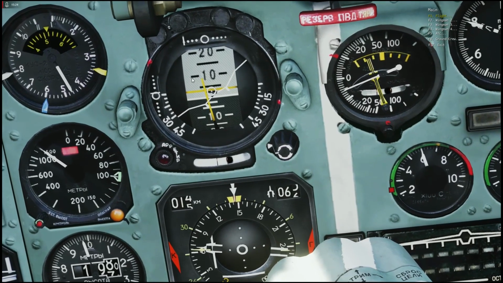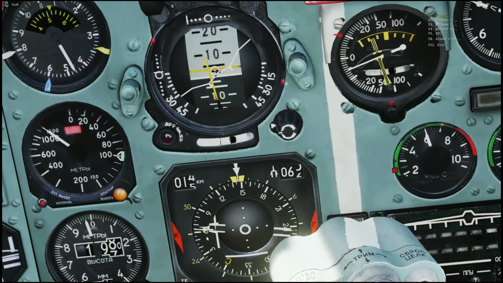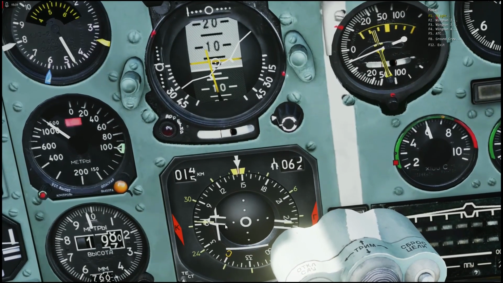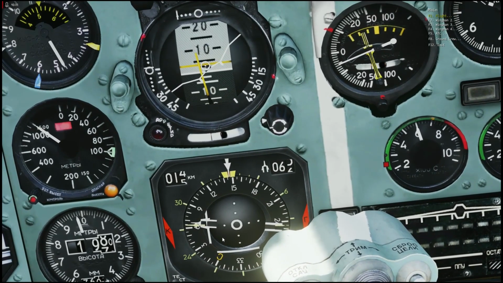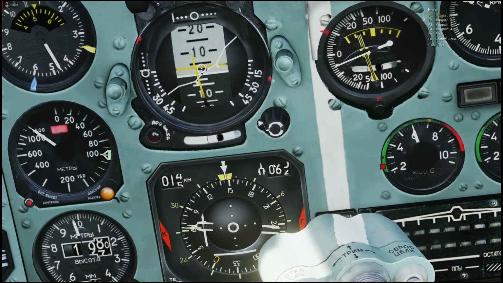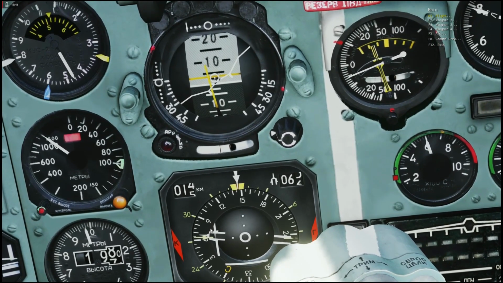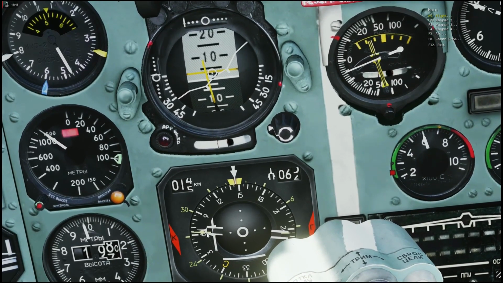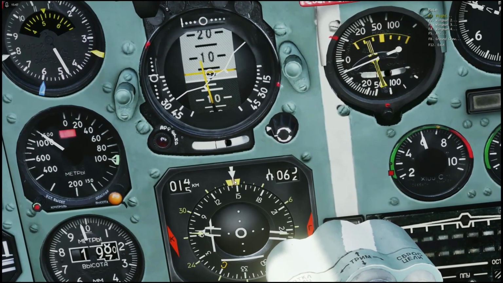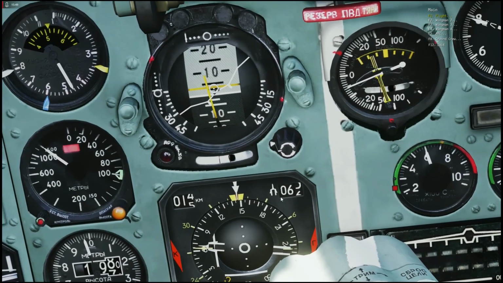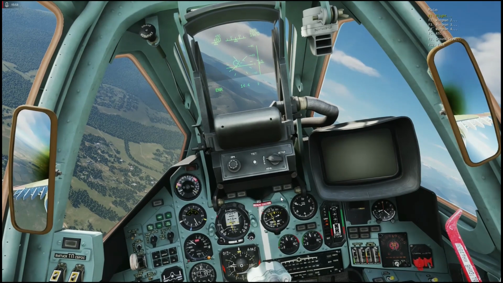At some point, I will ignore this instrument because it is just too much alive, and I will fly according to this instrument. That is when I take a look at the desired heading. When I'm very close to these two needles towards my top, I will fly toward that heading. Let's take a look.